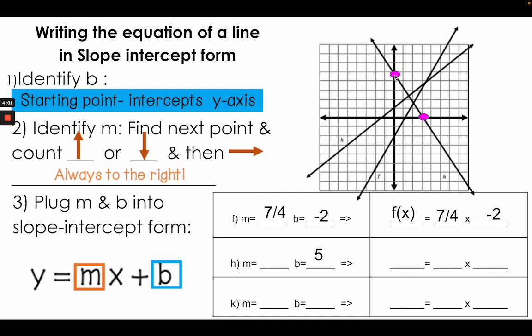And this is going to go down 1, 2, 3, 4, 5 over 1, 2, 3. Okay, so let's go down 5 over 3. So our slope is going to be -5 over 3.